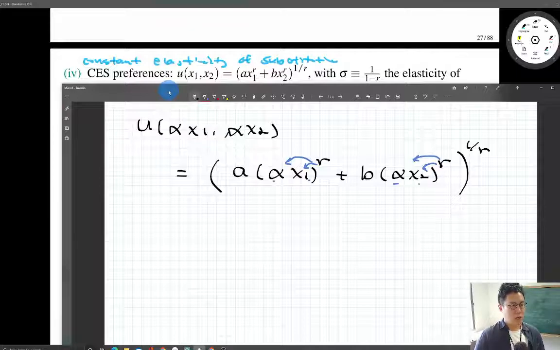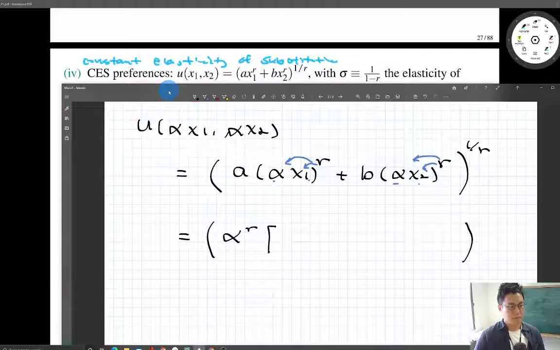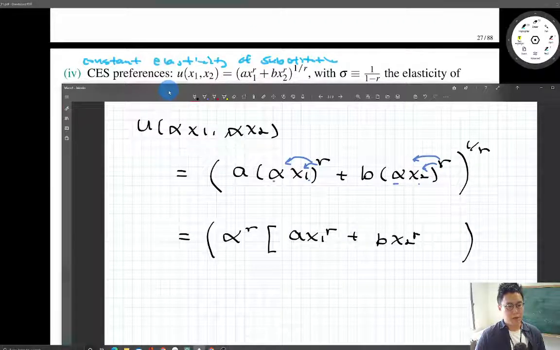So we have a common factor alpha to the power r inside the parentheses, times a x1 to the power r plus b x2 to the power r.